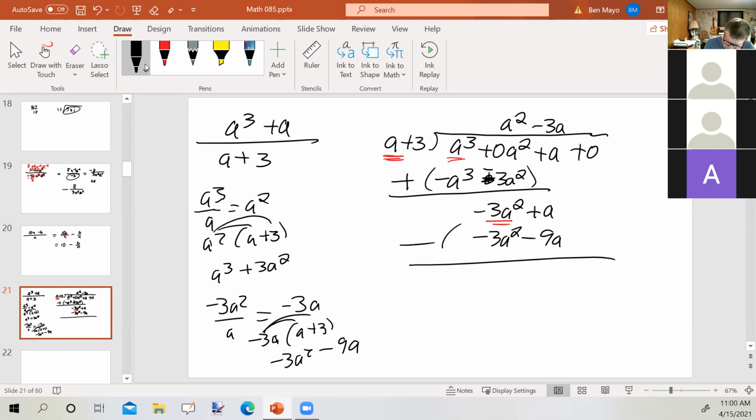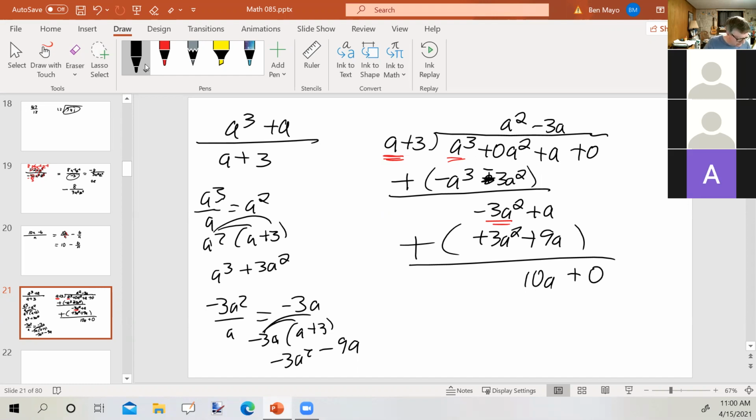I'm going to subtract that quantity from what's up above. Change it to addition of the opposite. Negative 3a squared plus positive 3a squared is no a squared at all. A plus 9a would be 10a plus 0.